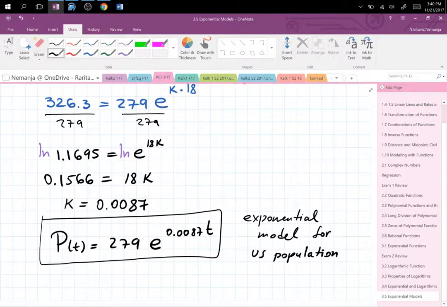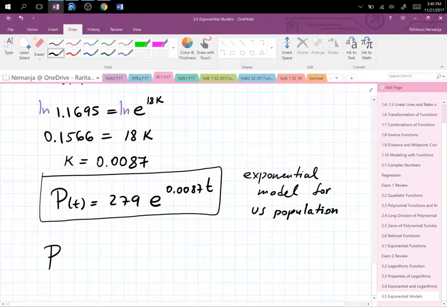Now, we're interested to know what the population of the US is going to be in 2030. Well, so, population in 2030.